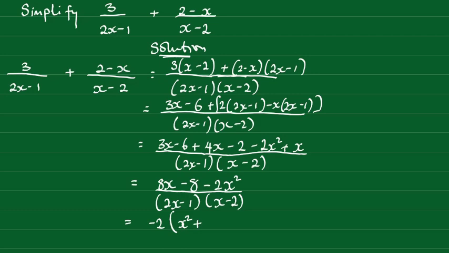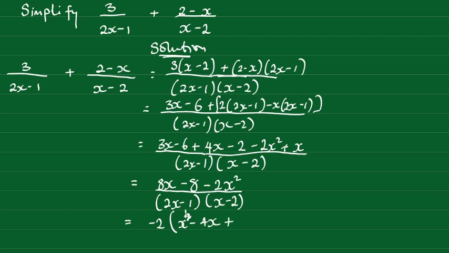So we have plus, since we're factorizing out -2 now, what will be left is a -4. So we have -4x.